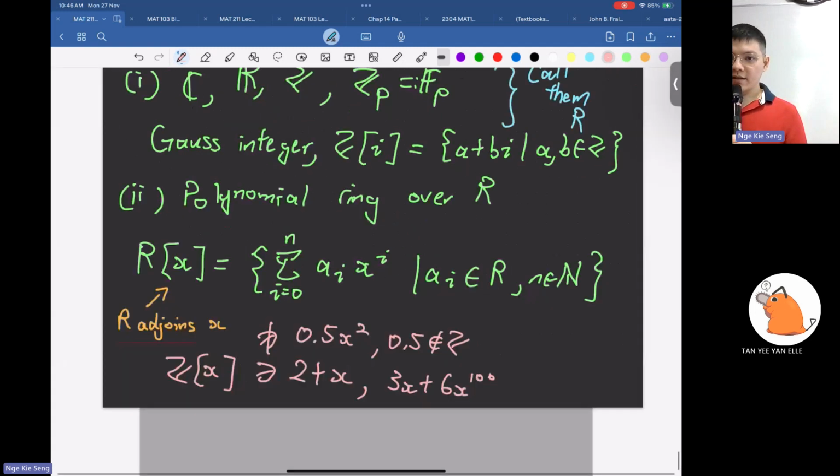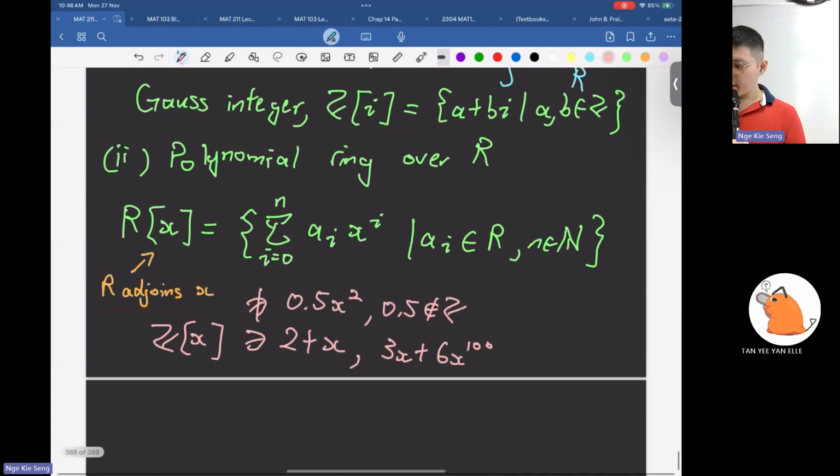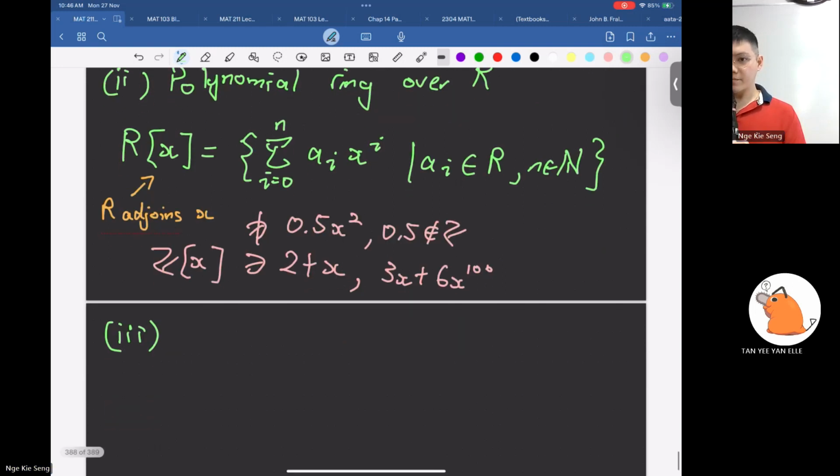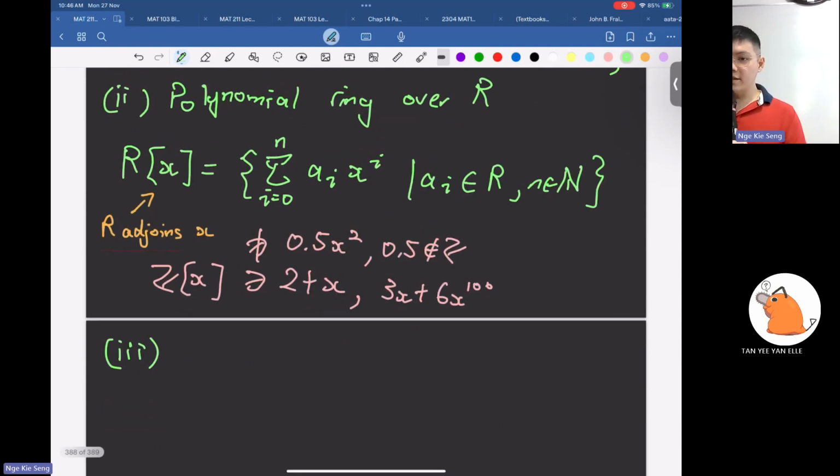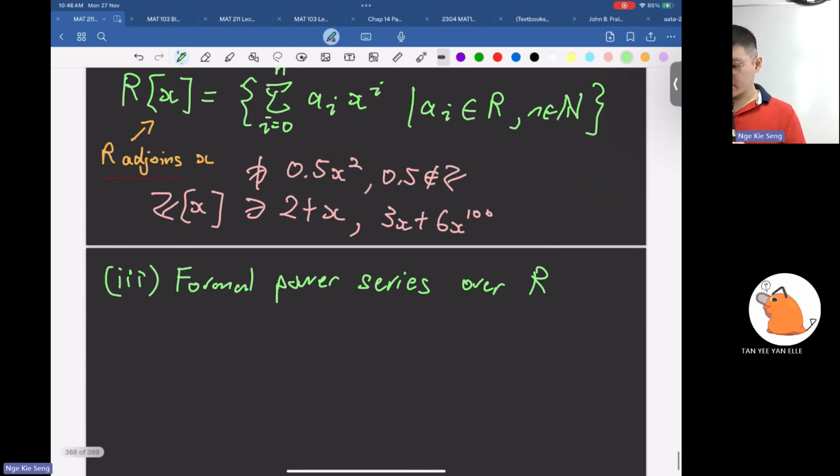What else? So we can extend this example, right? We can consider formal power series. This is what we learned in calculus 2, right? Formal power series.